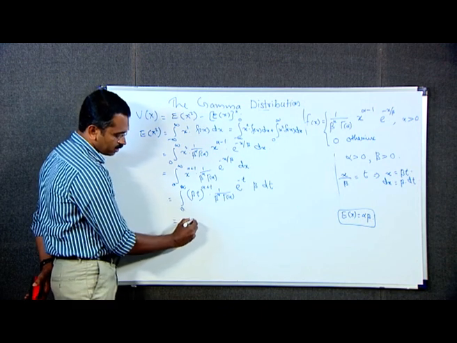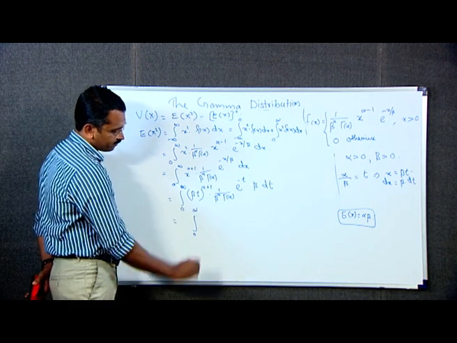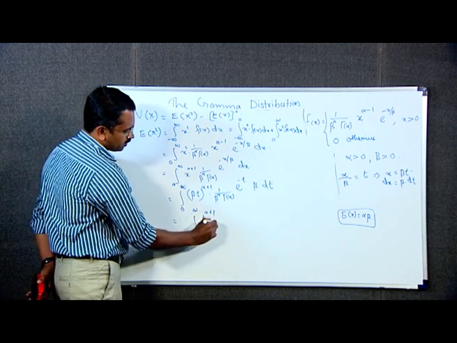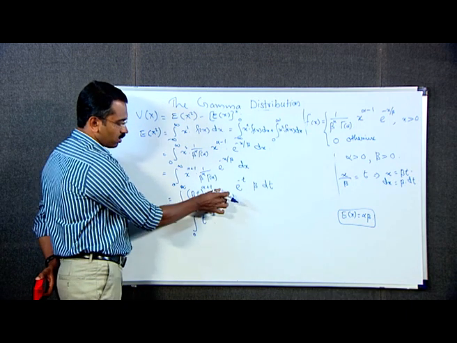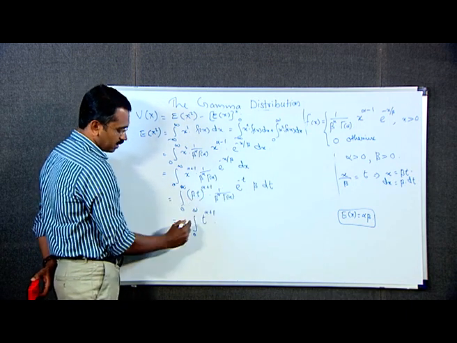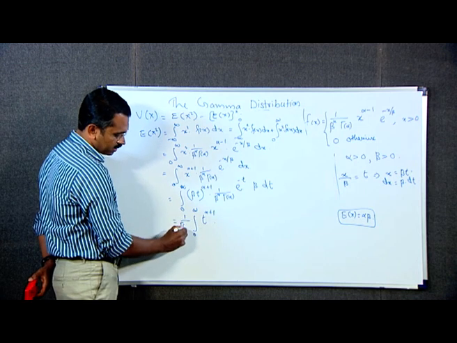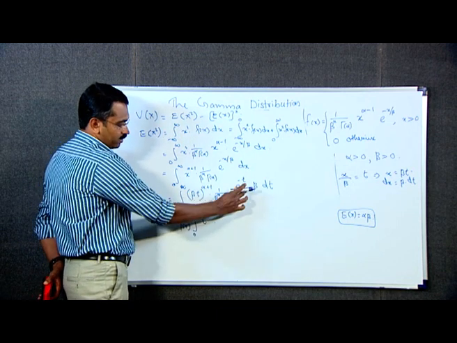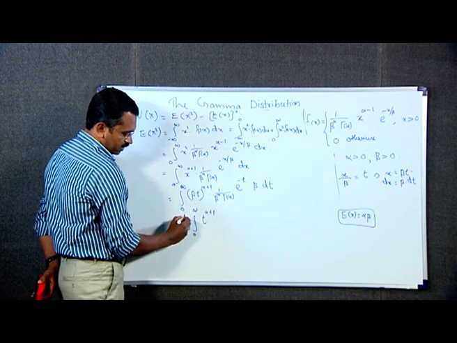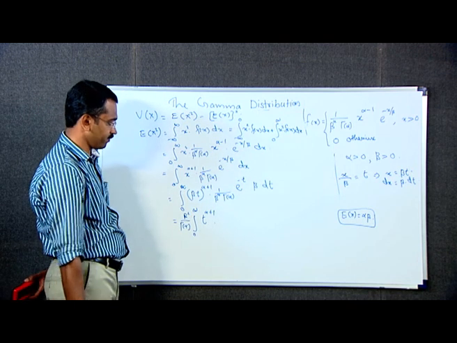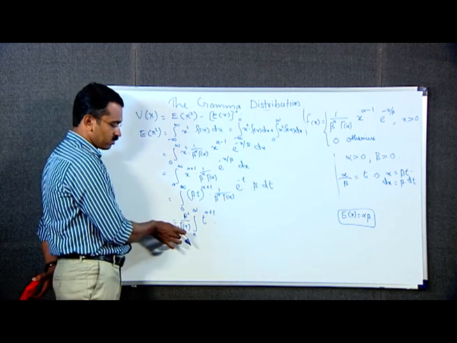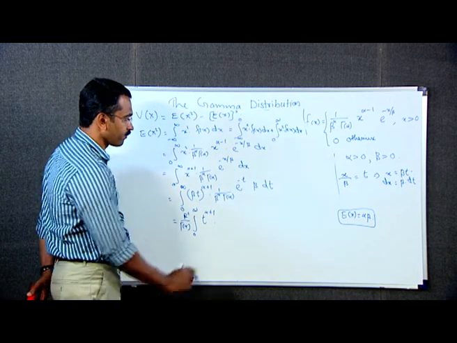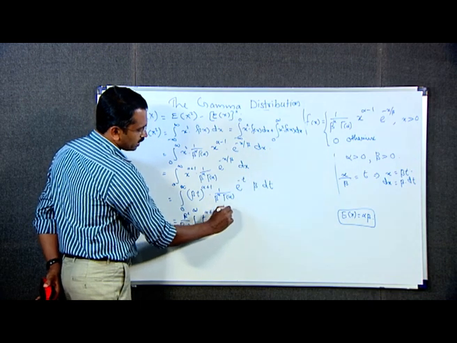This is equal to integral from 0 to infinity t raised to alpha plus 1 into, here this 1 by gamma alpha can be taken outside. Here beta square can also be taken outside. Therefore, this is equal to beta square by gamma alpha into integral from 0 to infinity t raised to alpha plus 1 into e raised to minus t dt.